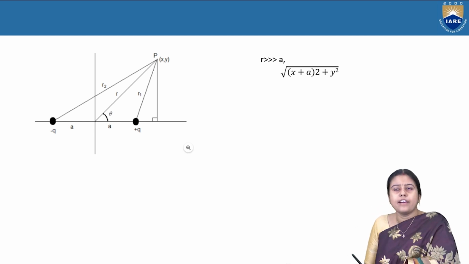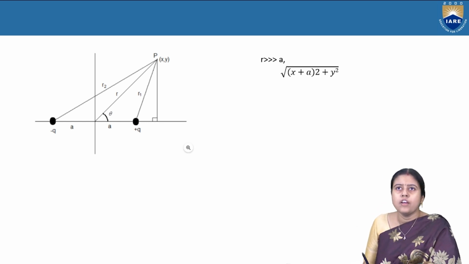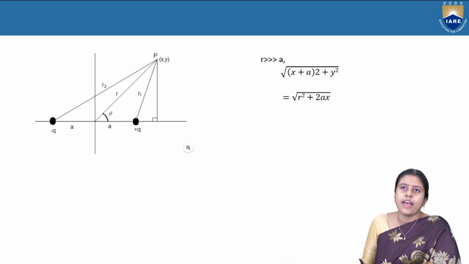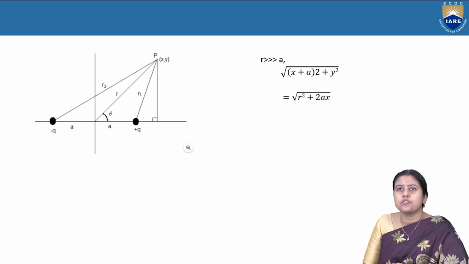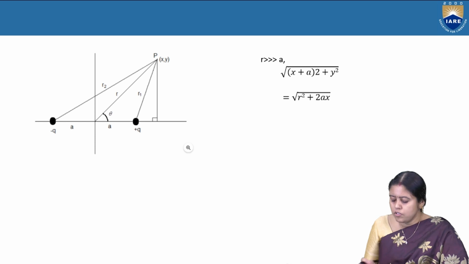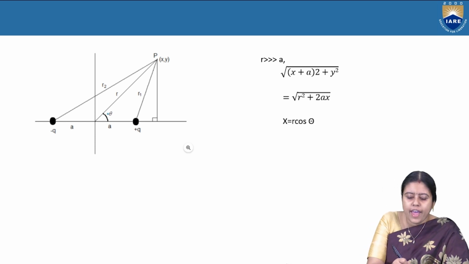If r is much greater than a, we can write x plus a whole square plus y square as r square plus 2ax. We are making it small, square root of r square plus 2ax. Now if the angle is theta, then what is x?